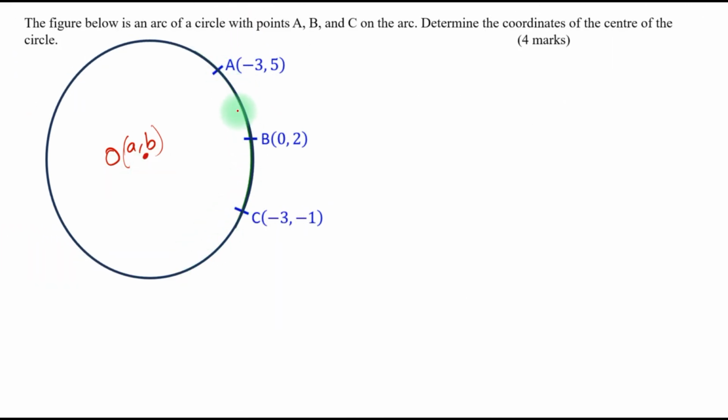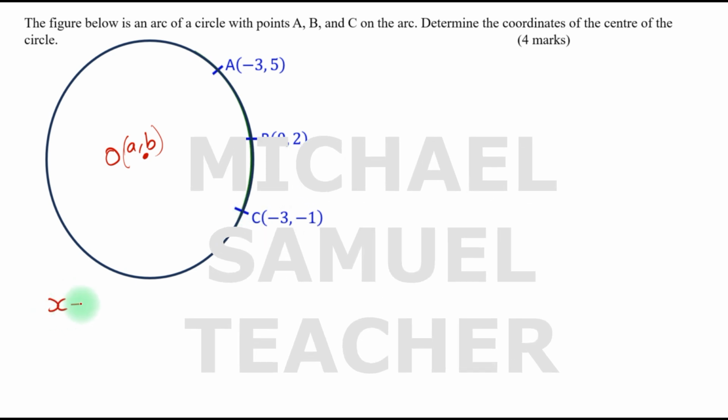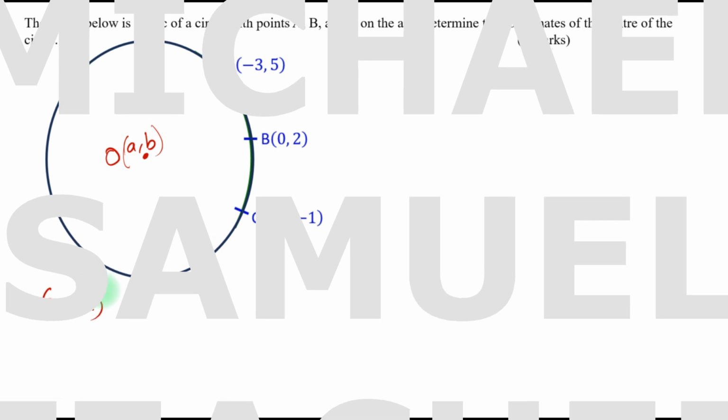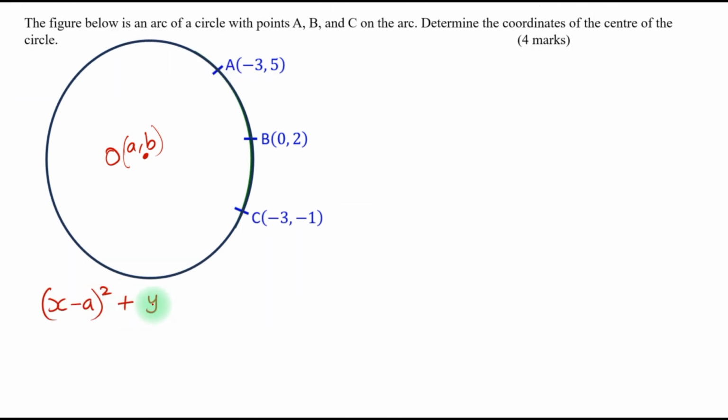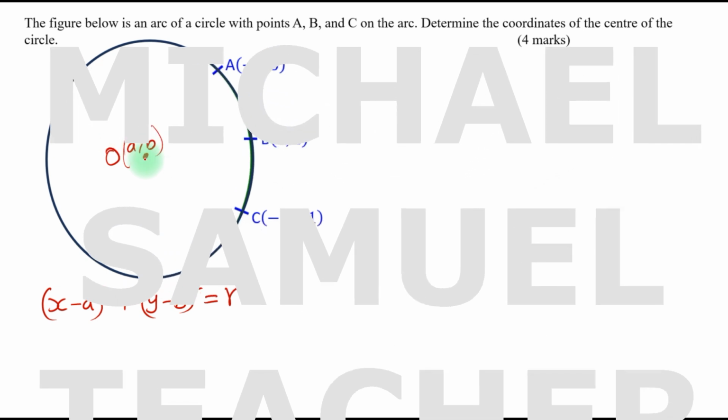And on the circumference, we have the points A, B, C. Following the general equation of a circle, which is (x minus a) squared plus (y minus b) squared equals r squared, if we arrive at the values of a and b, then we get the center of this circle.